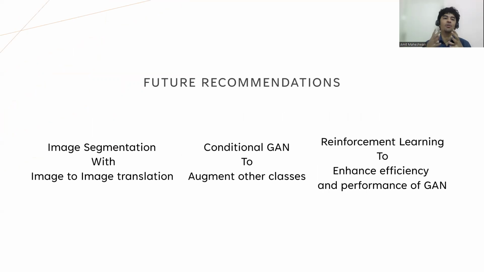But if we could achieve image segmentation that could mask that particular skin lesion, and put that skin lesion on a uniform skin tone with the help of the image-to-image translation mechanism of the GAN, we could eliminate the variety of the backgrounds, and all the different types of skin lesions would be compared on a uniform background. So that is one thing that we should be investigating and researching further.